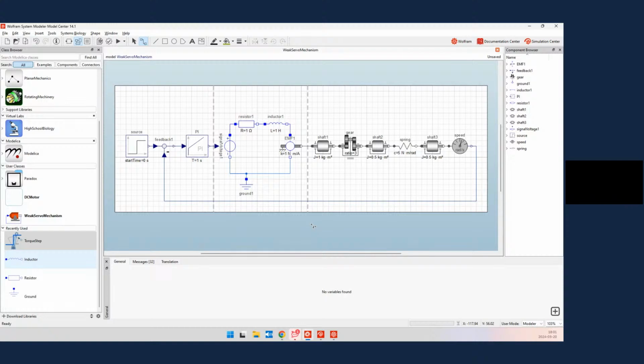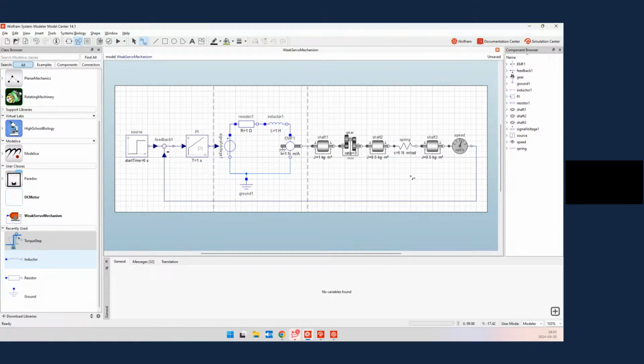It's a school book example of a DC motor. In the middle, we have an electrical system, a mechanical system, a 1D rotational system in this case, and that's connected with a control system that tries to keep it at some desired operation point.